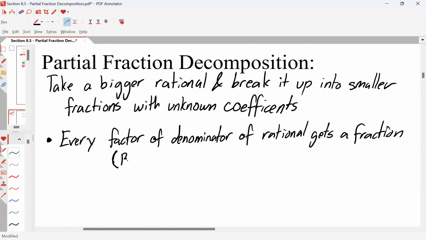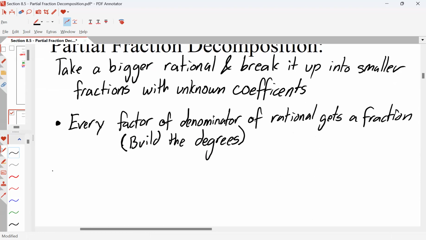And I'm going to add a note here that says build the degrees. I will talk about what that means in a later example. But we're going to build up the degrees of these factors.